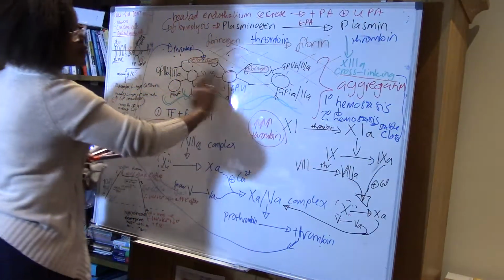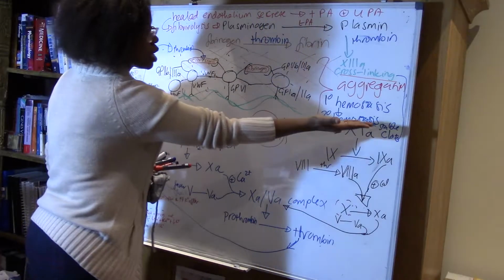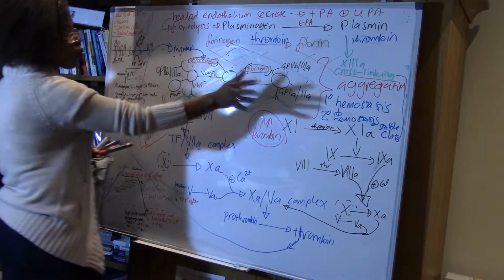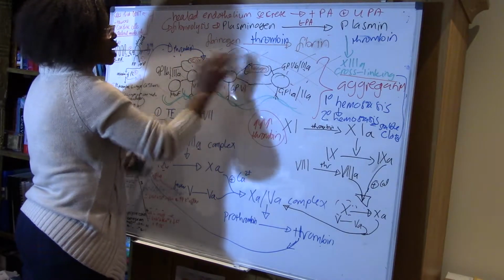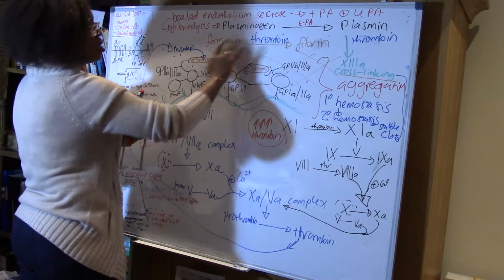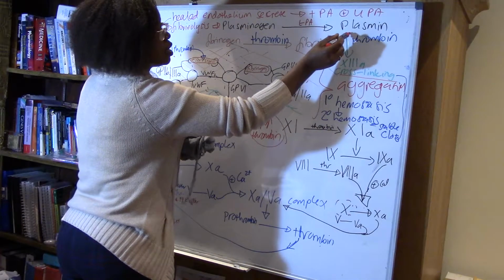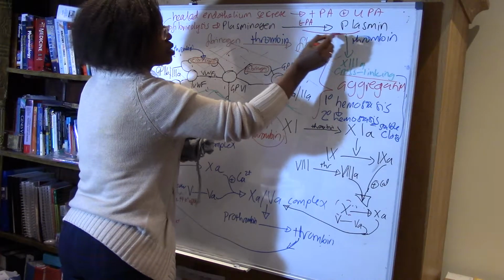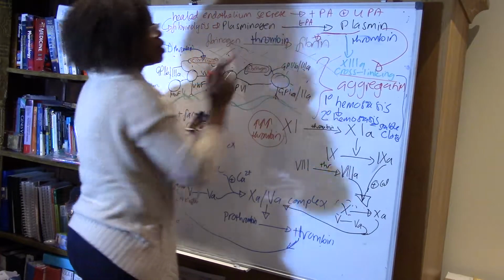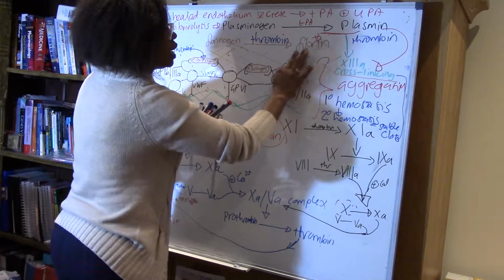It degrades fibrin, all that stable cross-linked secondary hemostasis, the cross-linked fibrin. It destroys all of that. So this plasmin comes in and degrades and destroys all that cross-linking.